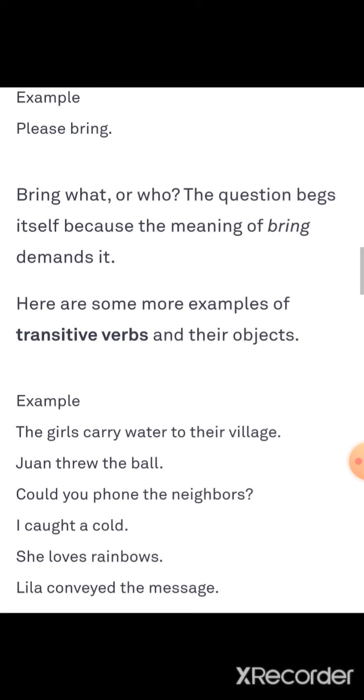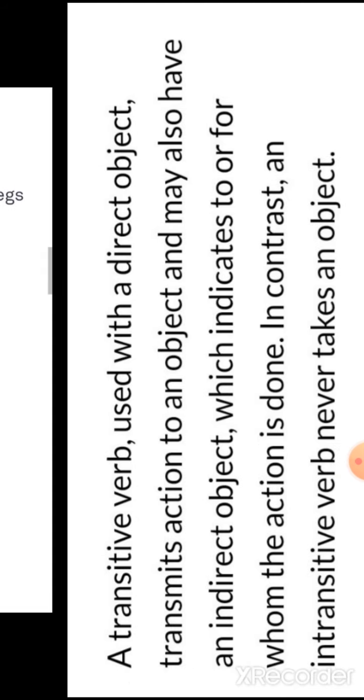So here you will see, when you ask the question after the transitive verb, you need to remember: the question जो हमको पूछना है, what और who, ठीक है. who क्या और कौन, वो हमें verb के बाद पूछना है. Conveyed what, message. Loves what, rainbow. Caught what, cold. Could you phone who. Now here it is who, किसको फ़ोन करना है, neighbor. Threw what, ball. Carry what, water. Okay, now I hope this is clear.